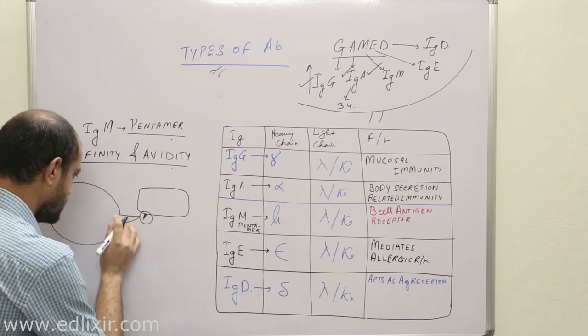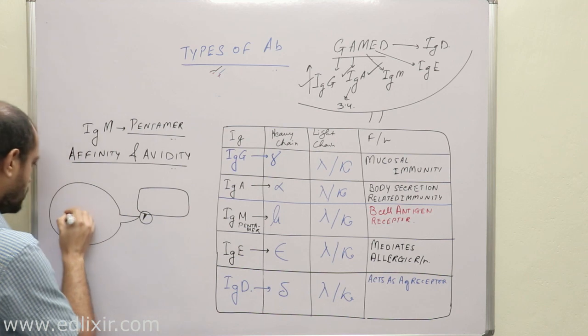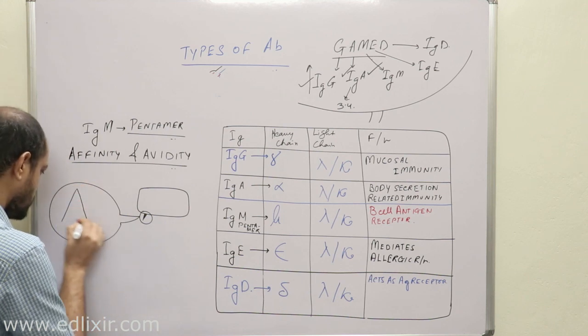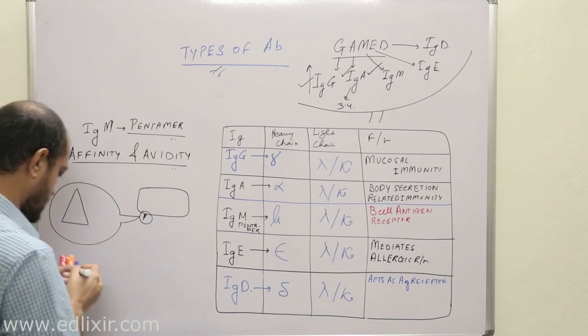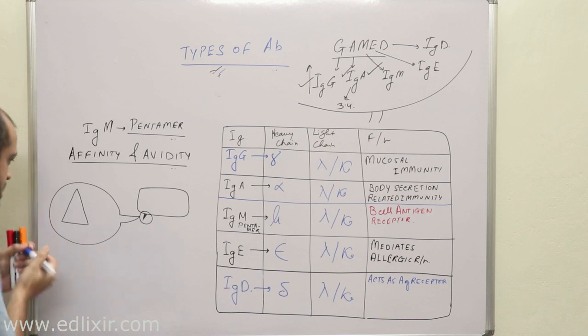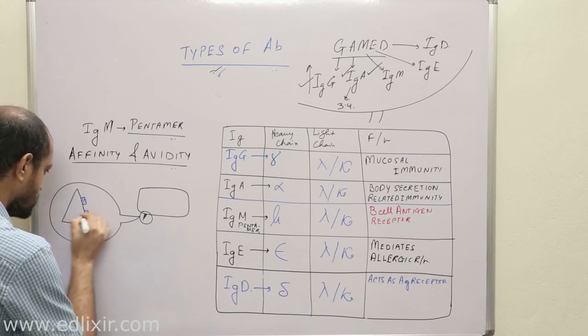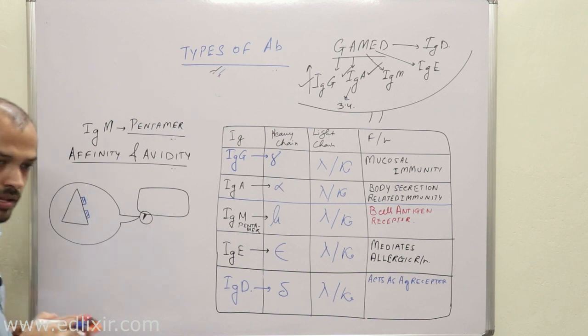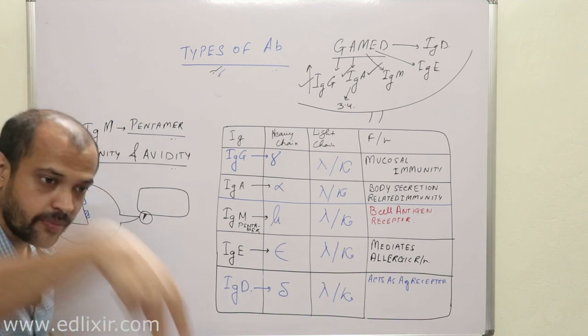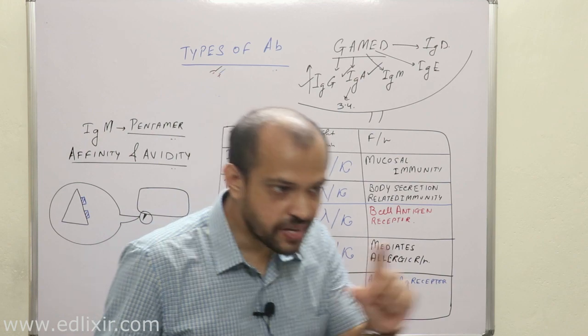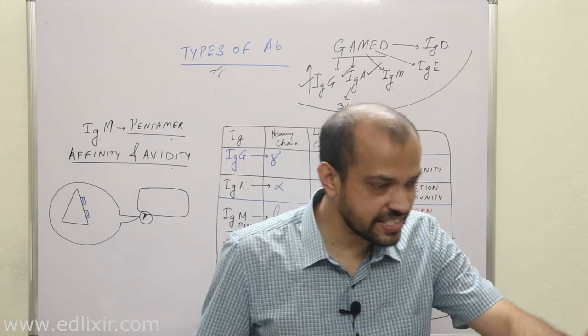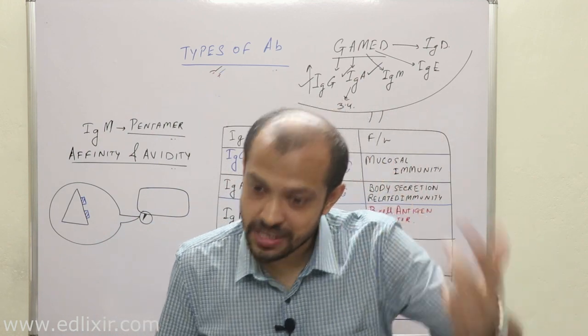If we magnify the antigen, you will find that there are specialized regions in an antigen to which antibodies specifically bind.